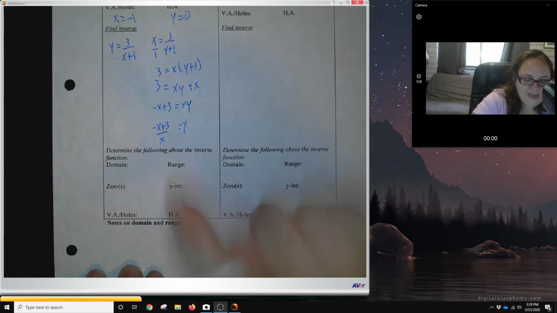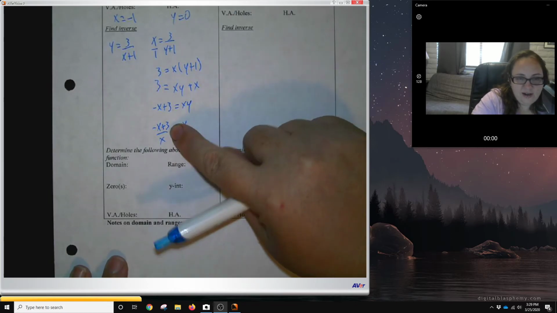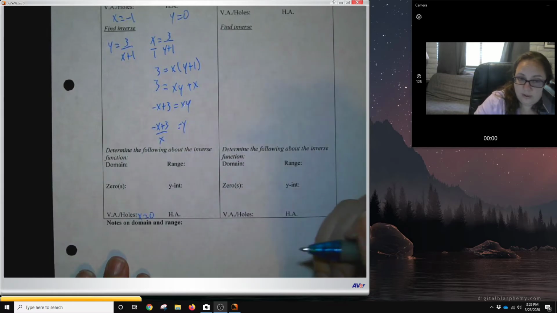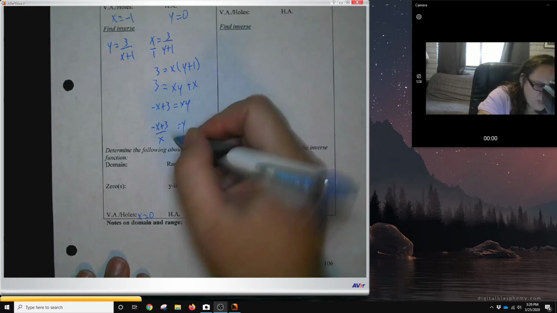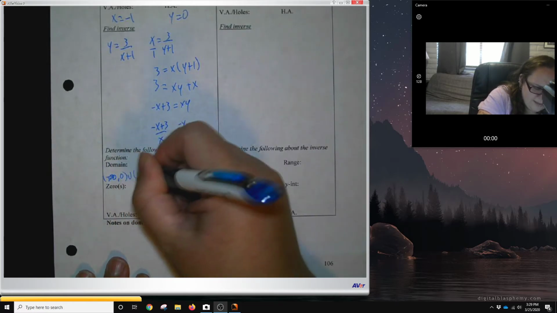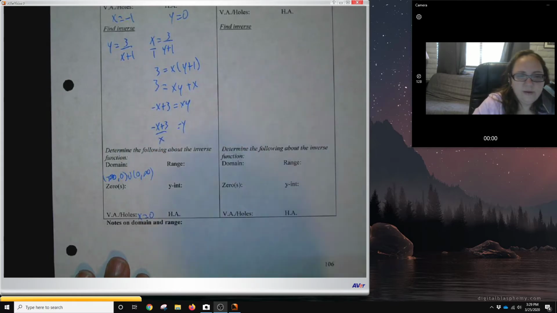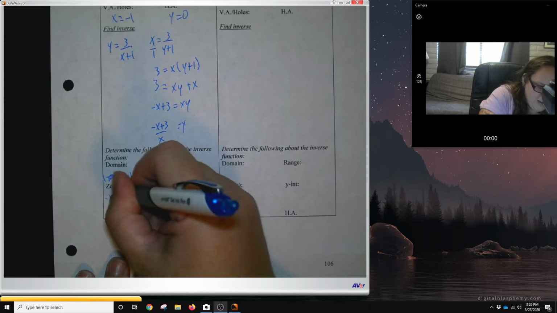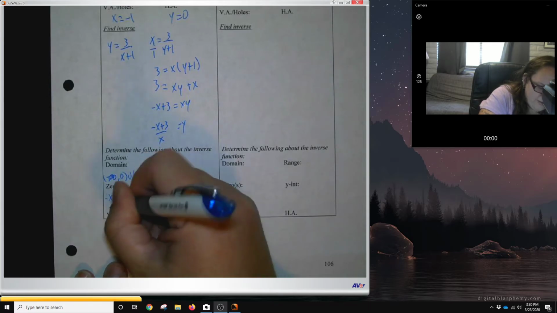So if we're looking at this as a rational function, the vertical asymptote would be at 0 because x equals 0. There's nothing to solve there. So then my domain would be all real numbers except 0. For the zeros, we set the numerator equal to 0 and solve.